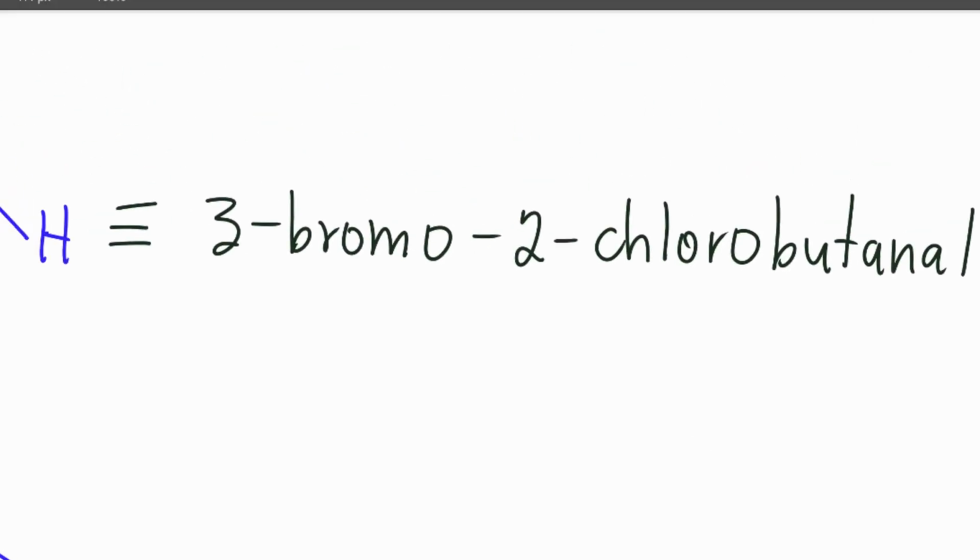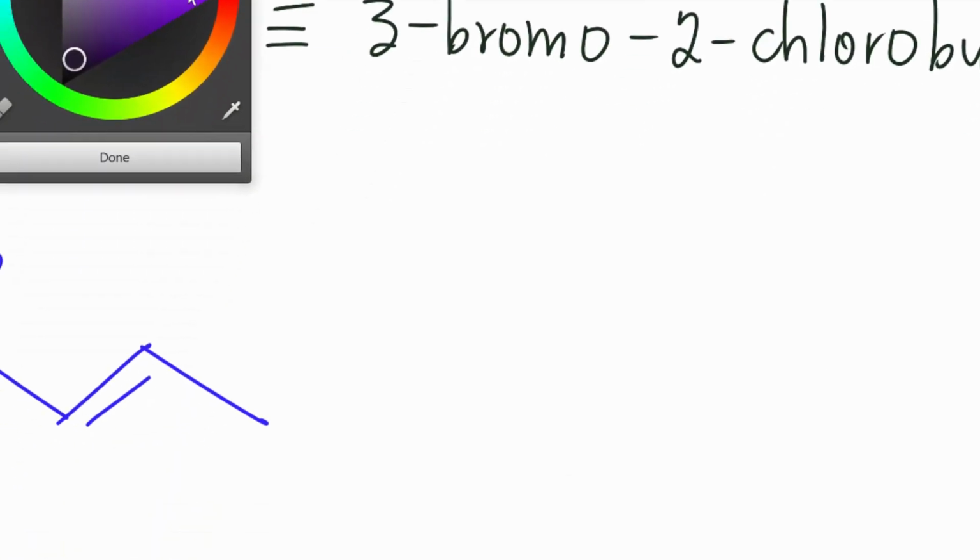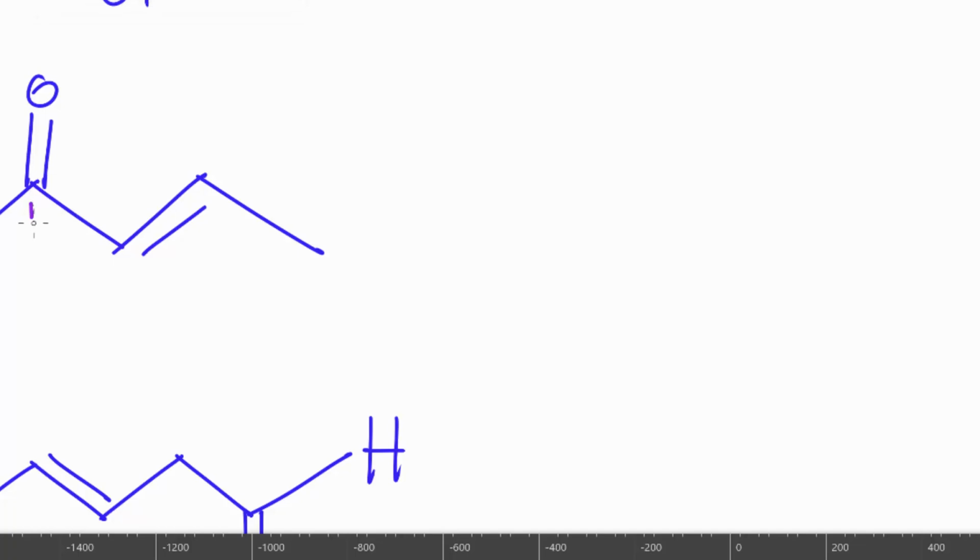Alright, in this next example, we have a double bond. So that's going to be carbon 1, 2, 3, 4. The double bond appears between 2 and 3, so we're going to have this 2-enal.